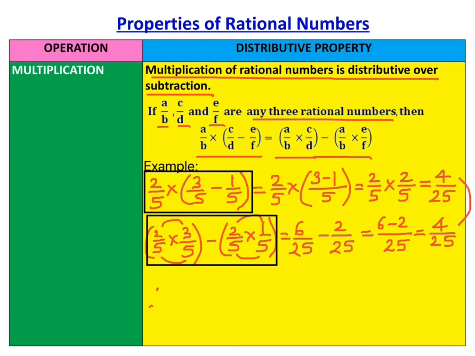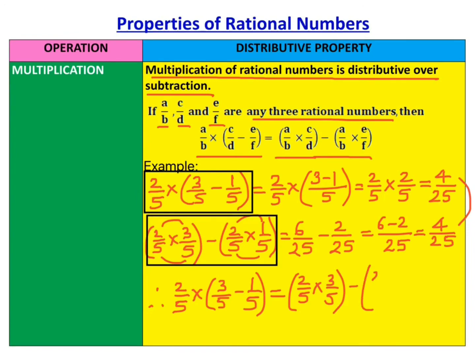Therefore, 2/5 times (3/5 minus 1/5) is equal to 2/5 times 3/5 minus 2/5 times 1/5. That is, multiplication of rational numbers is distributive over subtraction. This rational number is distributed over subtraction.